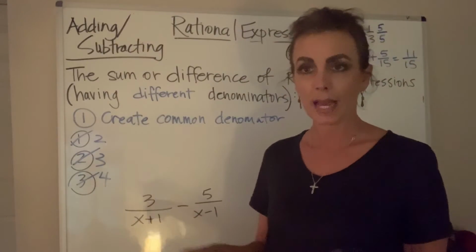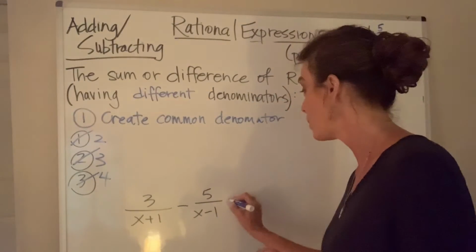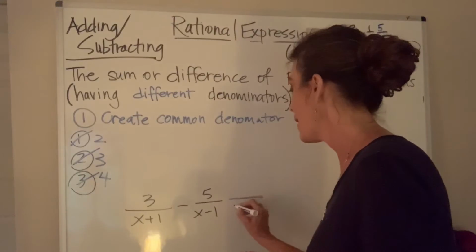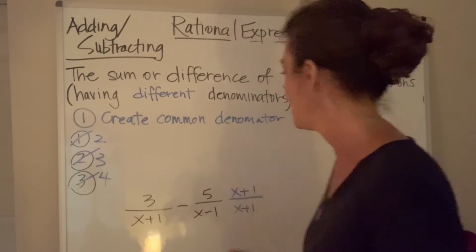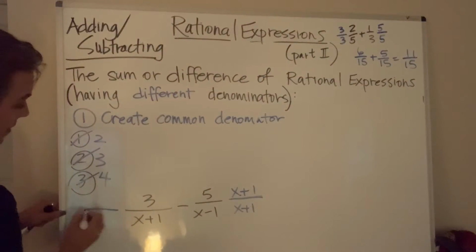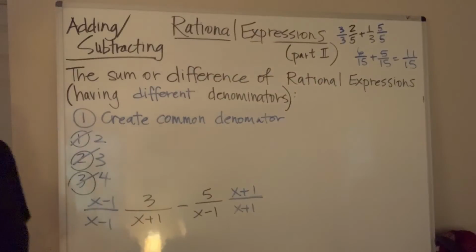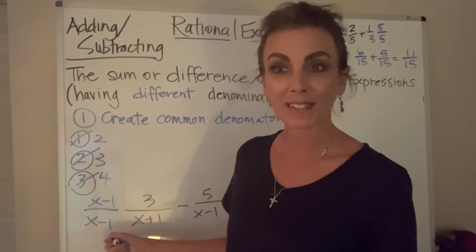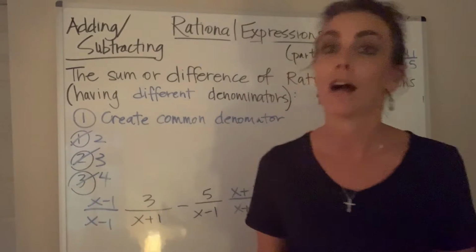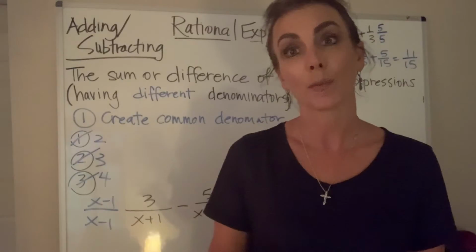Okay, different denominators. But not so much when I multiply this one by x plus 1 and this one by x minus 1. Okay, because then both of those rational expressions are going to have a denominator of x minus 1 times x plus 1.